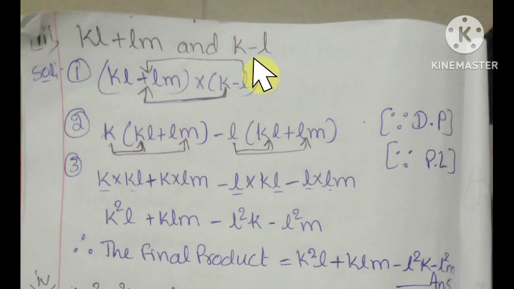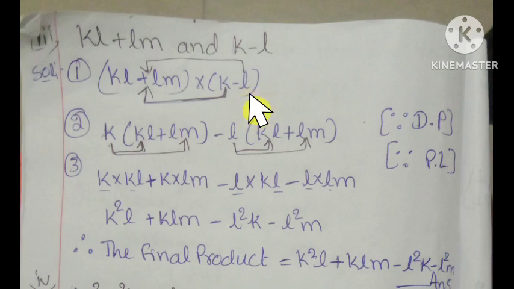First, step 1: write the product of two binomials with the multiplication symbol. KL plus LM into K minus L. This is the first step.